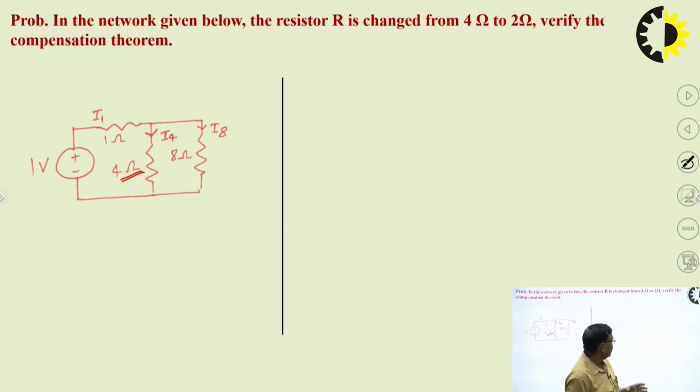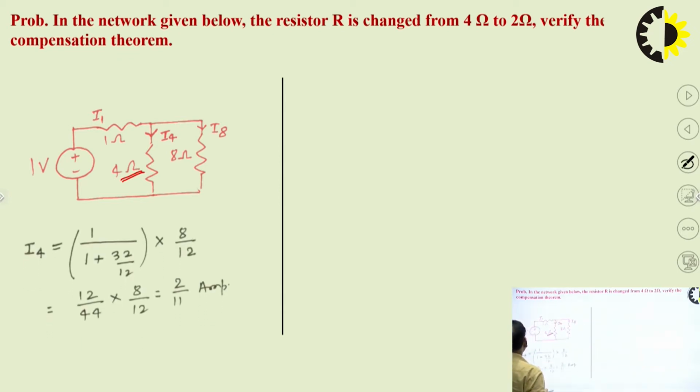Now the third step, I will draw the circuit for the compensation theorem. There will be the impedances and one EMF that will be injected in the modified branch, that is in the 2 ohm, and we find the change in current. If both the changes are the same, then the theorem is verified. These are the simple procedures.